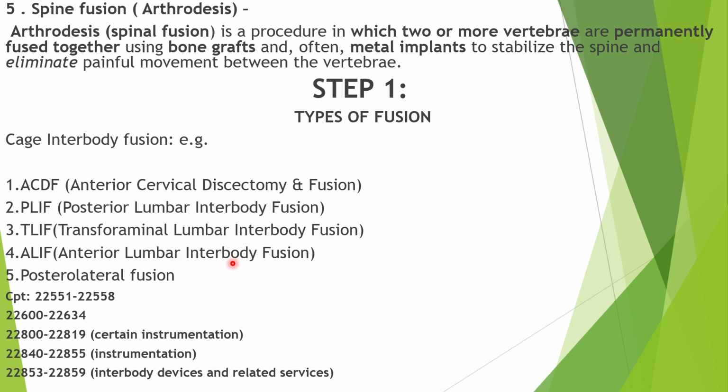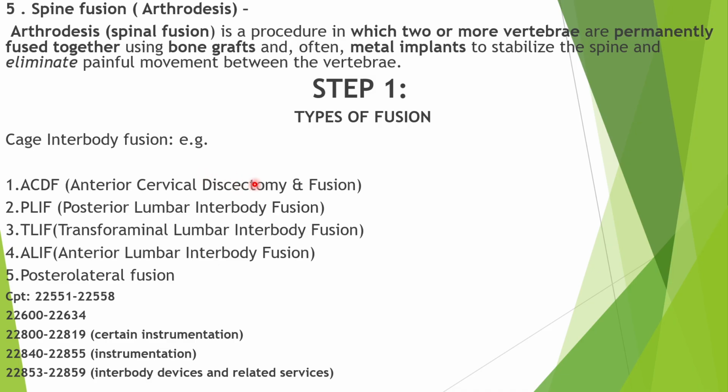So what are these? Anterior cervical discectomy and fusion means the spine is cervical, which is the neck, the approach is from the front, that is anterior, and the procedure removes the damaged cervical disc, the discectomy.